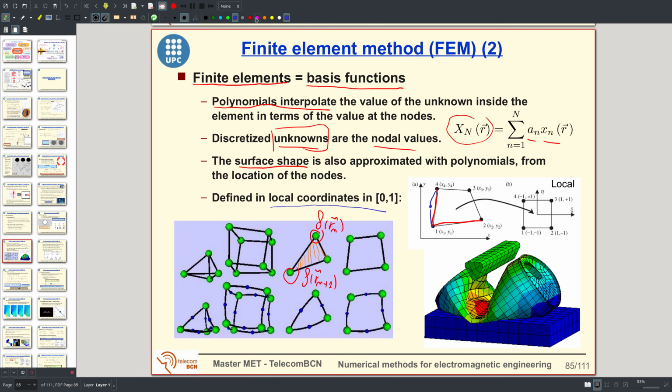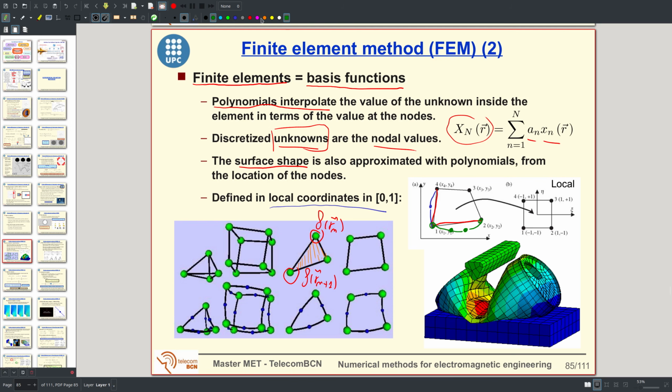Or it could be, for example, a cubic side, if we define two inner nodes and we have overall 4 nodes for each side. So they are very flexible.